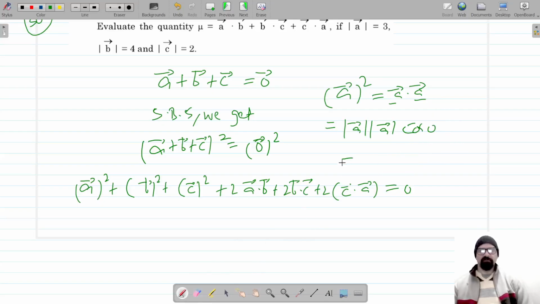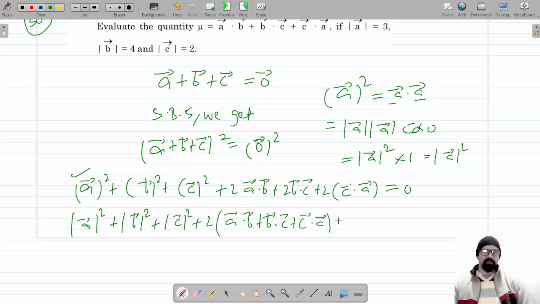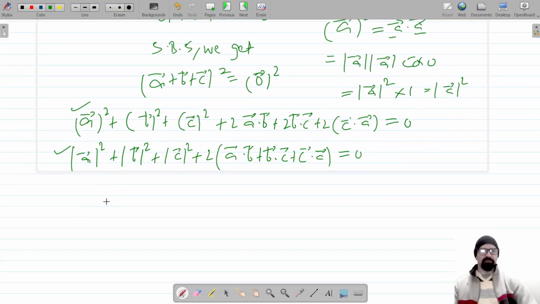So this becomes magnitude of A square into 1, which is magnitude of A square. So this becomes magnitude of A square plus magnitude of B square plus magnitude of C square, and 2 is common, so 2 into (A dot B plus B dot C plus C dot A) is equal to 0. Now magnitude of A is 3, so this is 3 square.